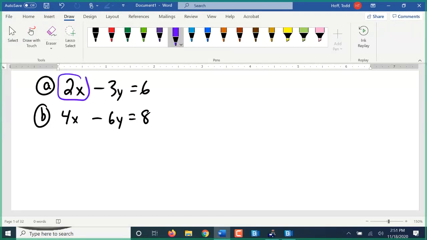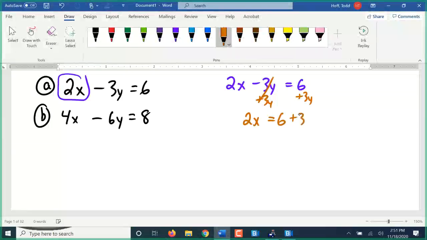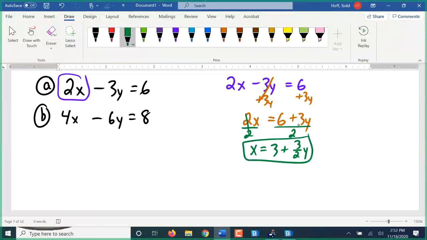But we're going to solve this top equation for x. So 2x minus 3y equals 6. We're going to add 3y to both sides. 2x equals 6 plus 3y. Then we'll divide by 2. X equals 3 plus 3 halves y. So we have solved equation A for x.